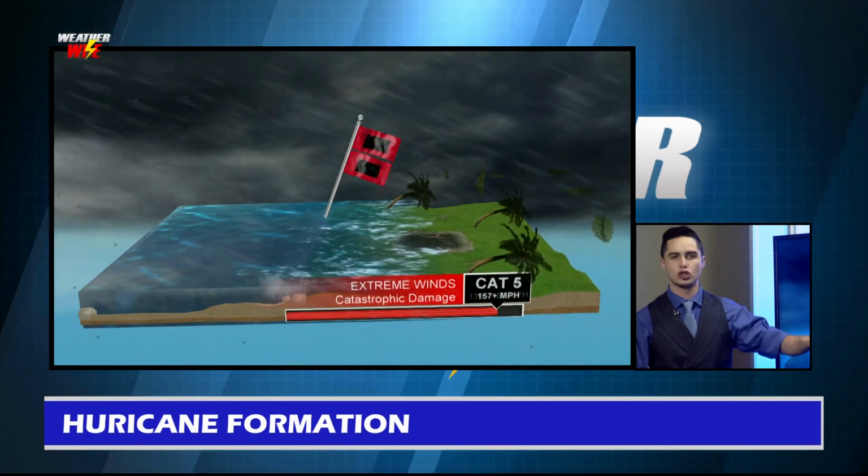Now, as you head into a category 4, 130 to 156 miles an hour, absolutely catastrophic damage is possible across the entire area. You can see in the graphic the trees are bending down and the ocean waters begin to be pushed on shore. That's what we call storm surge. So we have a category 5, which is, again, catastrophic damage. You can see in the graphic the house has been blown away.